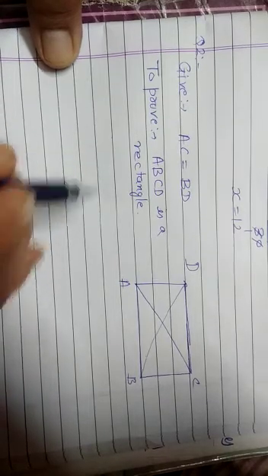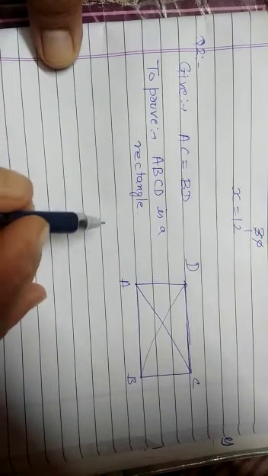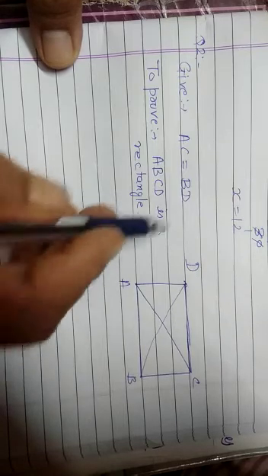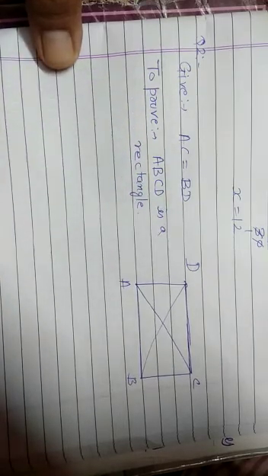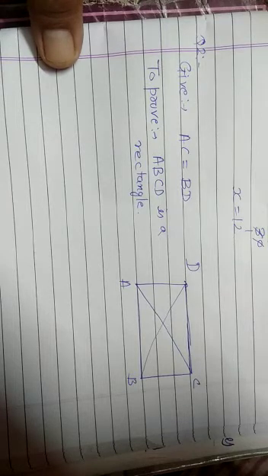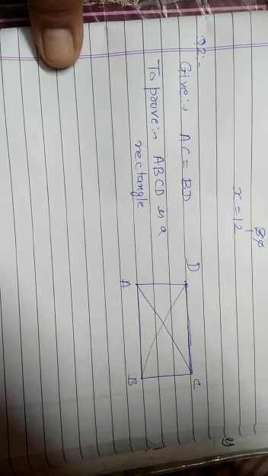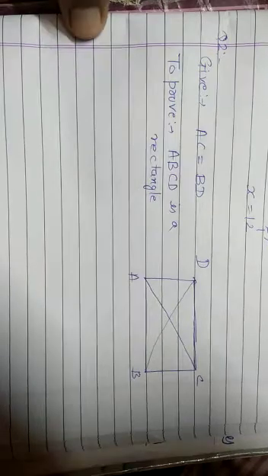Now, beta, we know that if the diagonals of a parallelogram are equal, then it is always a rectangle. But today we have to prove this. How will we prove it? If we are able to prove one angle of a parallelogram is 90 degrees, then it is always a rectangle.